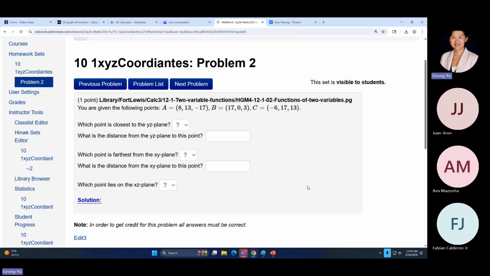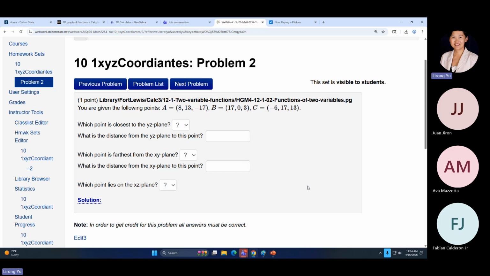From the x equals 0 plane to the point 8, 13, negative 17, the y and z values are the same as in the YZ plane. The only thing that actually matters is the x value, because that's the location of the YZ plane. The YZ plane says x equals 0, so the x value is how you calculate the distance. That's the one thing that's special about the YZ plane, right?